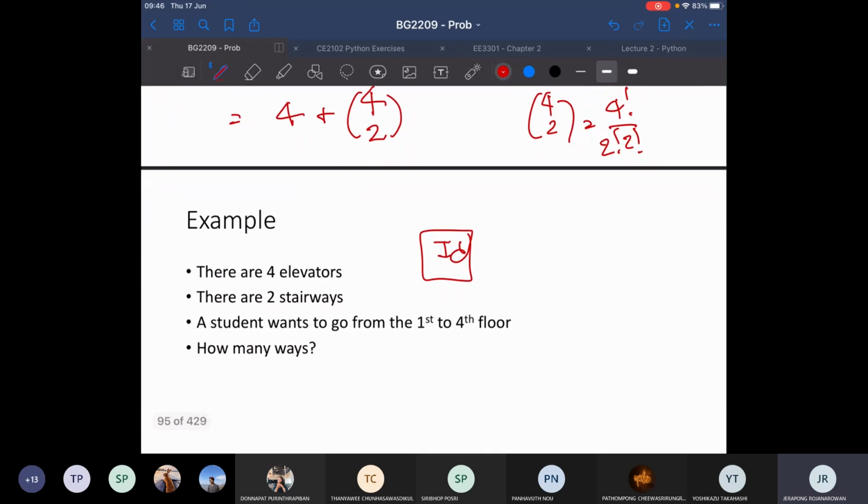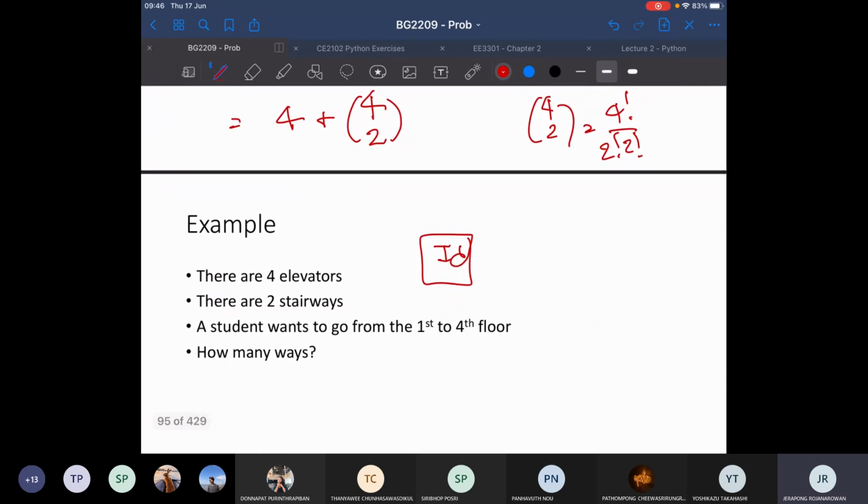Okay, so the next one is the situation in our building. Remember, we have 4 elevators, right? And then we have 2 stairways. You want to go from the first to the fourth floor, but note that this stairway is not the same as in our building. In our stairways, you can enter from the first floor on only one side, right? But in this case, you can enter the first floor on both sides.